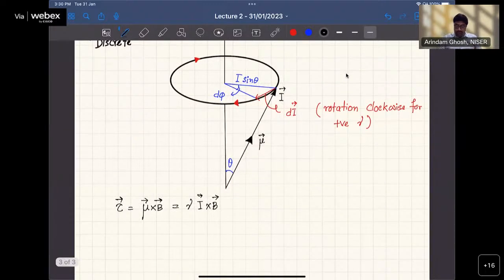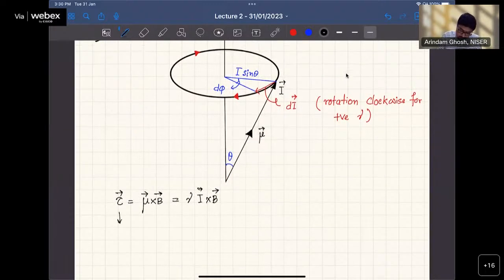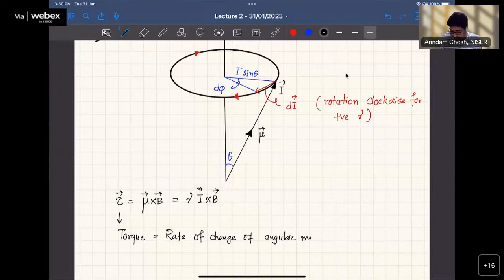Another thing we know from classical physics is that the torque is equal to the rate of change of angular momentum, either spin angular momentum or orbital angular momentum, it doesn't matter. Very similarly, force is the rate of change of linear momentum, correct?